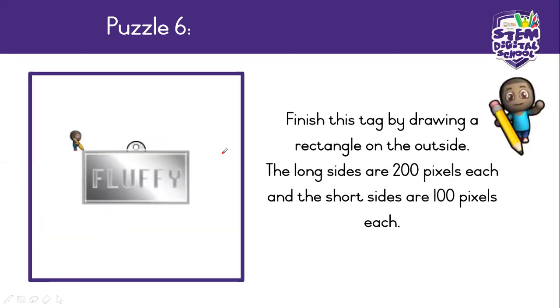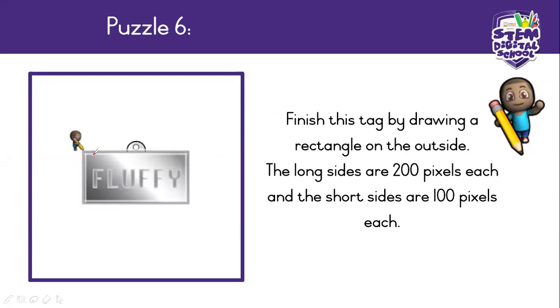This is puzzle 6. This is a tag for Fluffy. It sounds like a dog's name, so I believe it is. Finish this tag by drawing a rectangle on the outside. Now remember, a rectangle has 2 longer sides and 2 shorter sides.